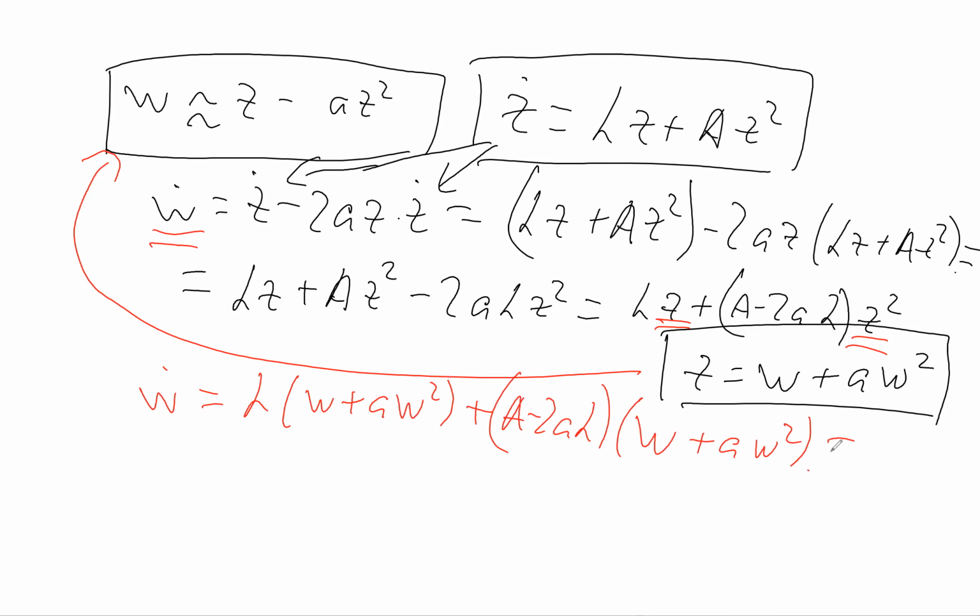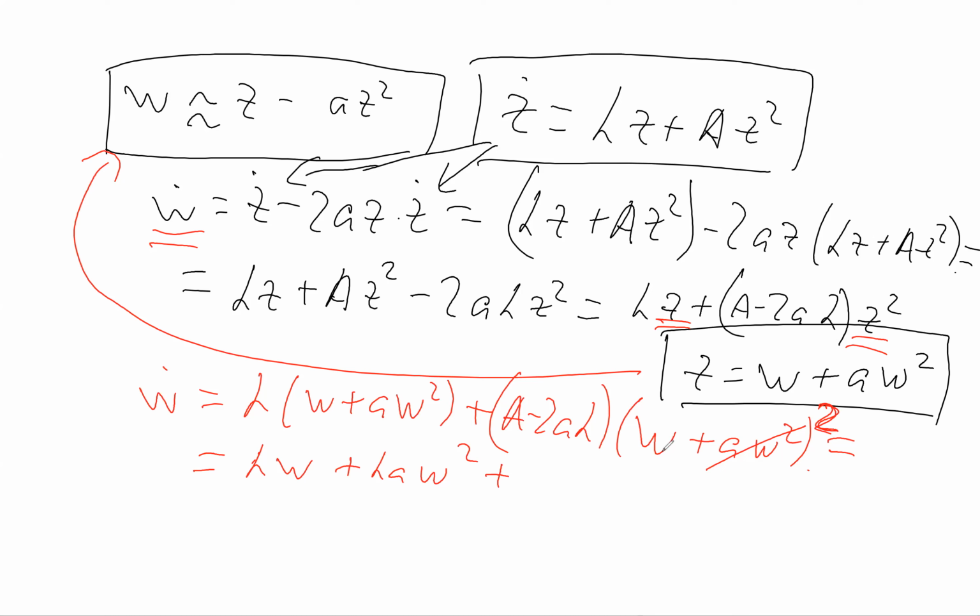What we want to do is keep just the linear and quadratic terms. Lambda w plus lambda a w squared, and here we ignore this. I missed something here: this should be squared. I forgot about this square.